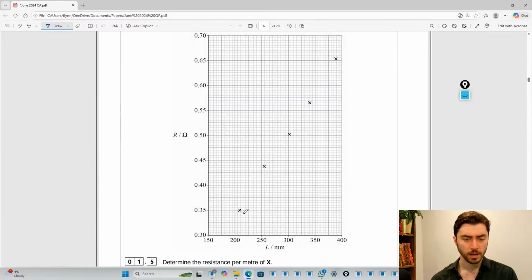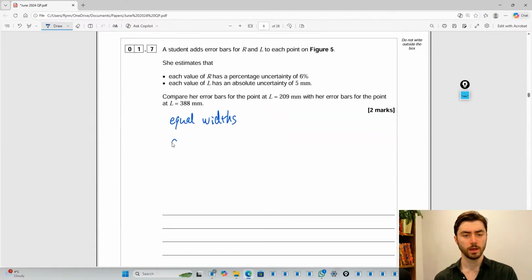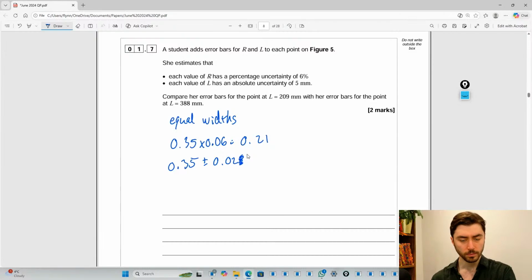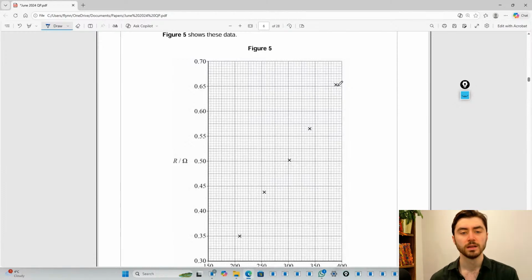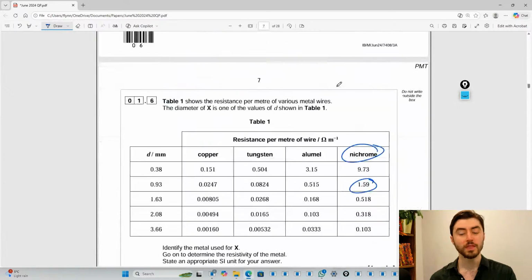So here, it's 0.35, and we want to find out what 6% of that is. So it's 0.35 plus or minus 0.021, or 0.02. And on the other one, if we scroll up, we can see this guy is 0.655. Something like 0.64. These ones are going to be bigger.